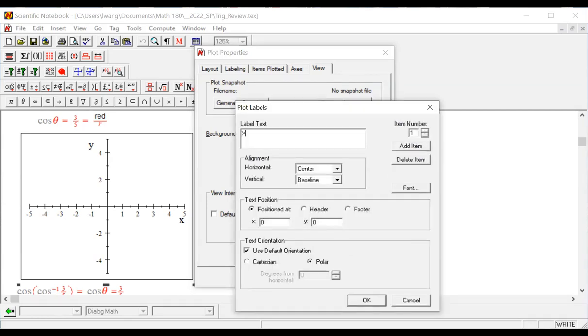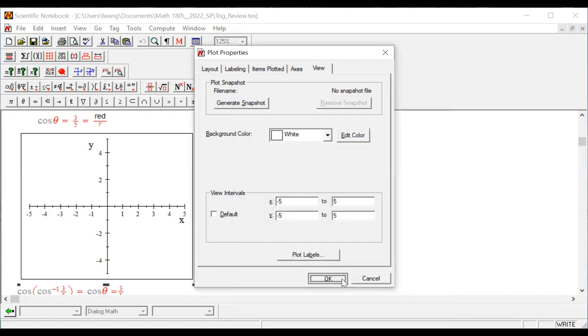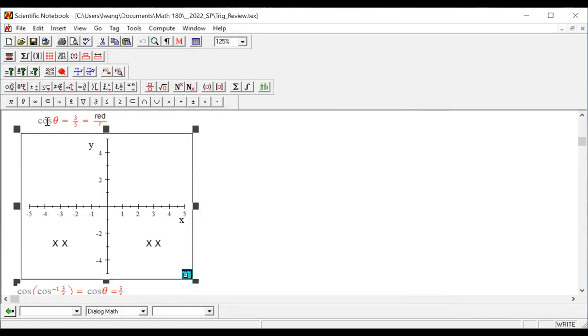Let's cross them out. You go ahead and do the crossing. No-fly zone crossed out. There we go.